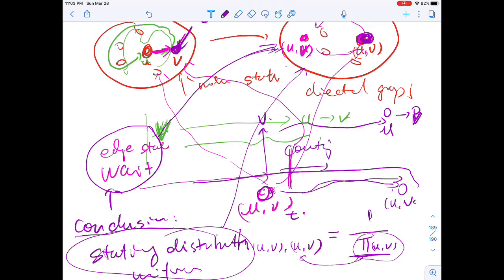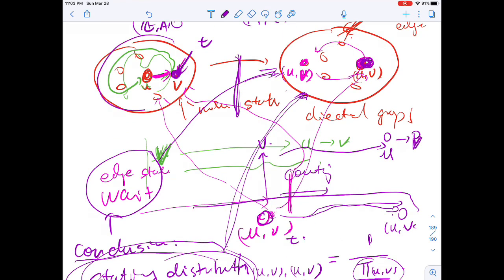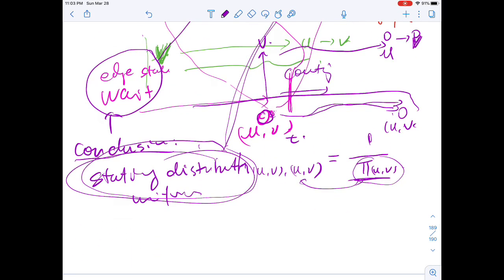There's a little bit of conceptual subtlety here. When I talk about the stationary distribution, it's on the set of states here. The set of states here are really just the set of the directed graph edges, right? So this is quite different from what's happening when we are looking at the node states. The stationary distribution there is on the nodes, and the stationary distribution here is on the directed edges.